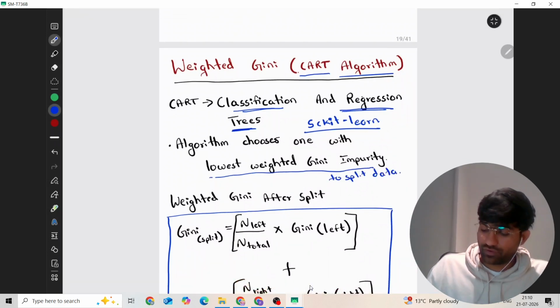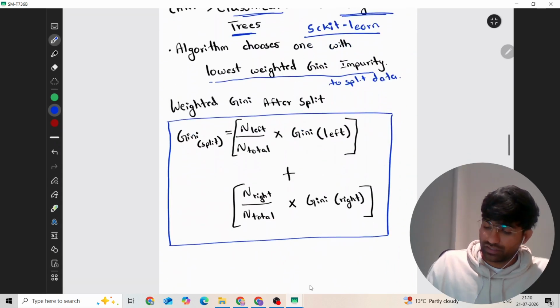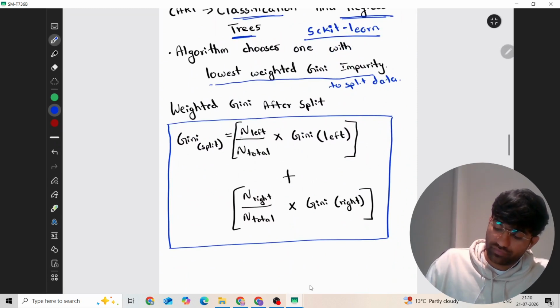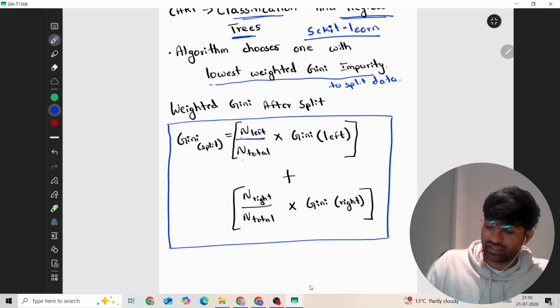What is the formula for weighted Gini? The weighted Gini formula is number of samples in the left child divided by total number of data, multiplied by Gini impurity of left child, plus number of data points in the right child divided by total number, multiplied by Gini impurity of right child.